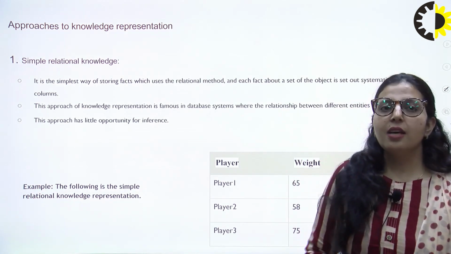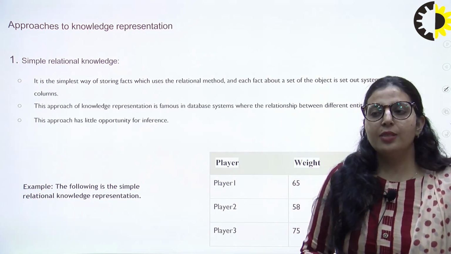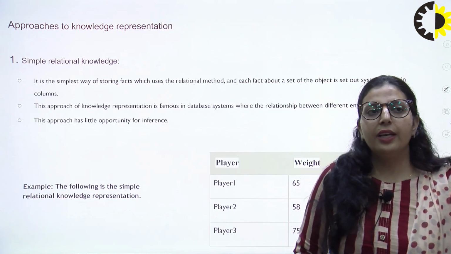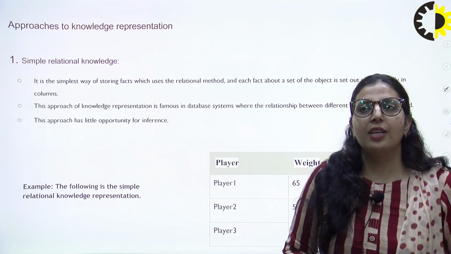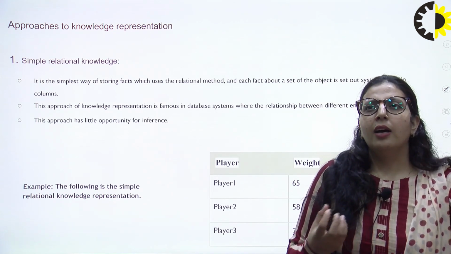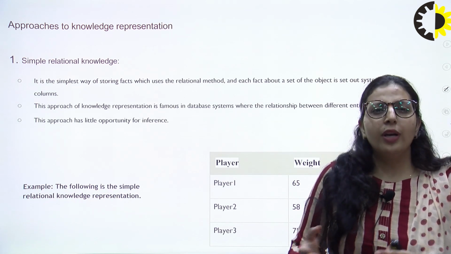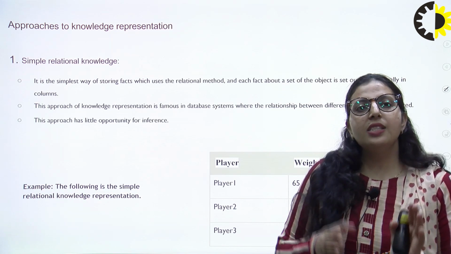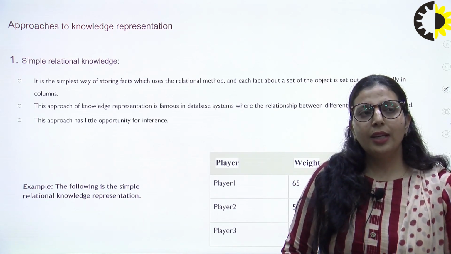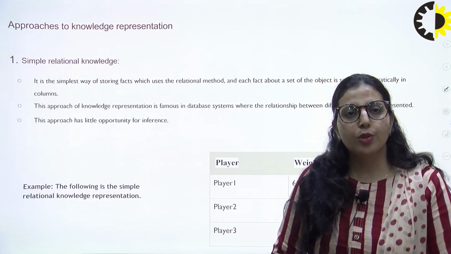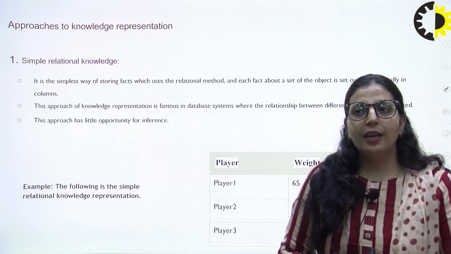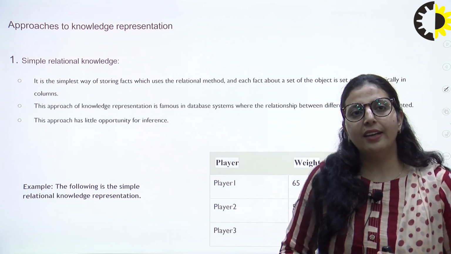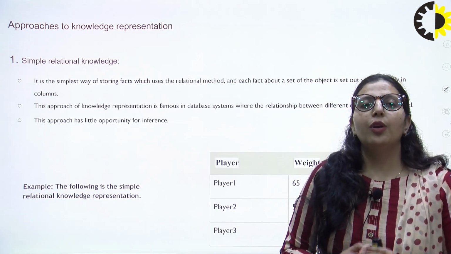This approach of knowledge representation is mainly used in database systems. As we know, data in a database system is stored in the form of tables. In the same way, when we use the simple relational approach for representing knowledge, we represent the knowledge about the objects and entities in a tabular form.